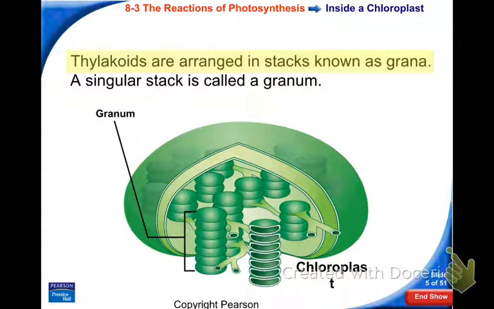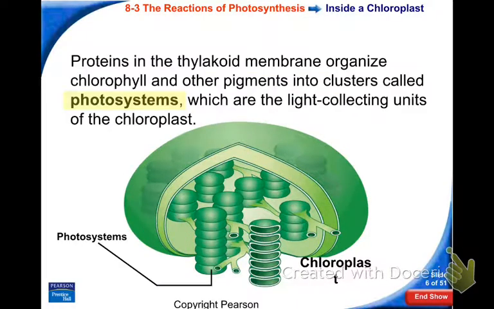It's in these little stacks of pancakes, in each one of these thylakoids and that membrane, that's where the chlorophyll molecule is located. And this is where we have our photosystems. The chlorophyll and the other pigments inside the cell are located in the membrane there.